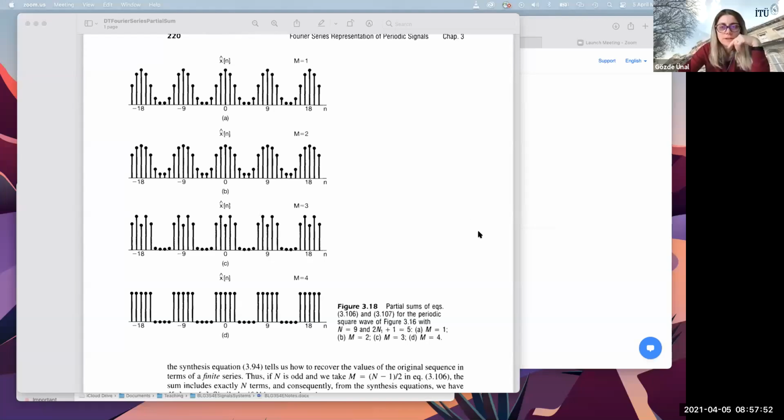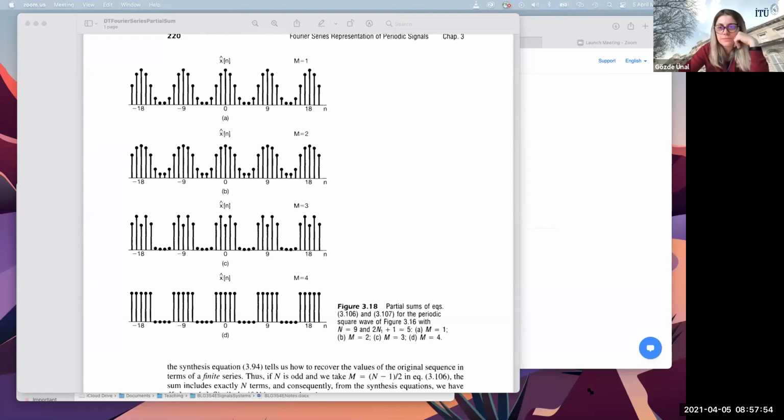Okay, so maybe just to show you something, guys. Here, when you start adding these partial sums, let's see.